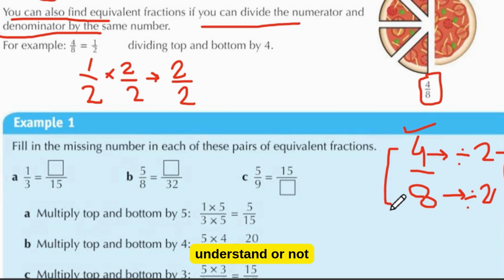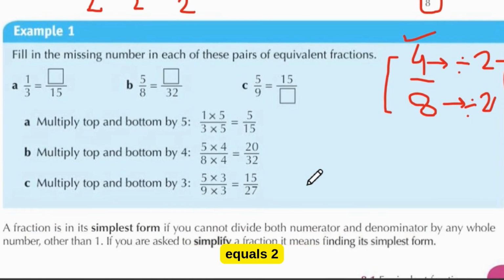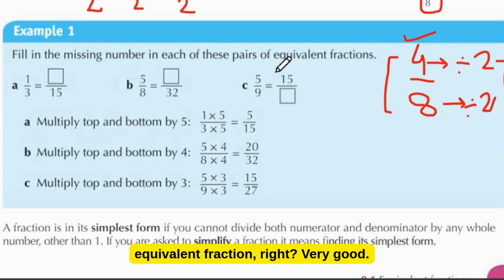Do you understand or not? I understand. 4 divided by 2 equals 2, right? And then 8 divided by 2 equals 4. So that's also an equivalent fraction, right?